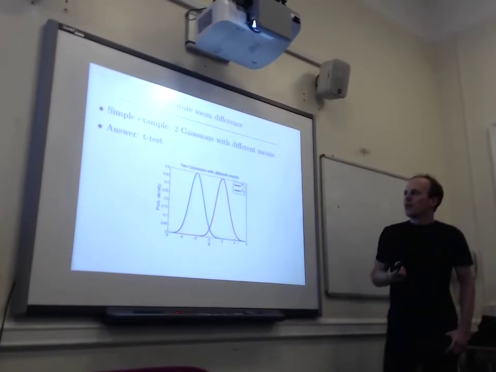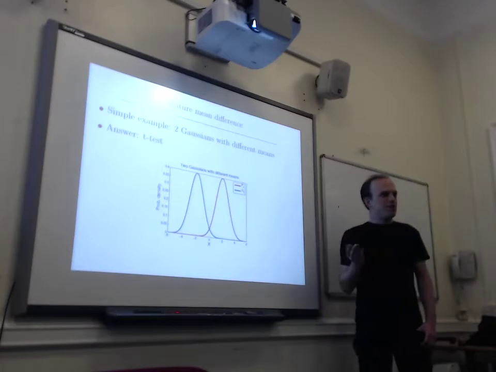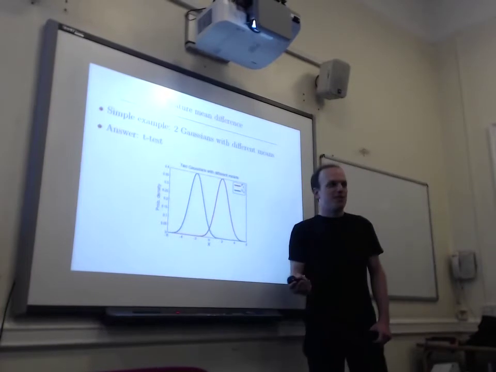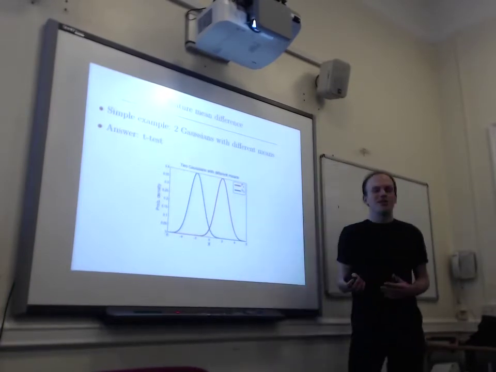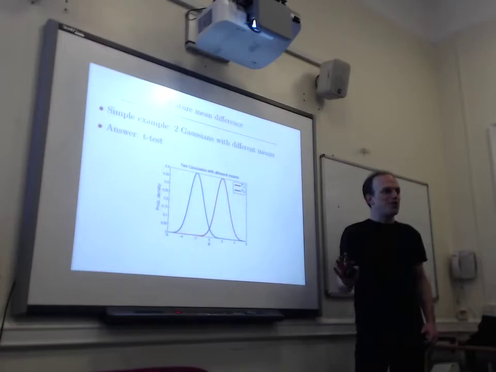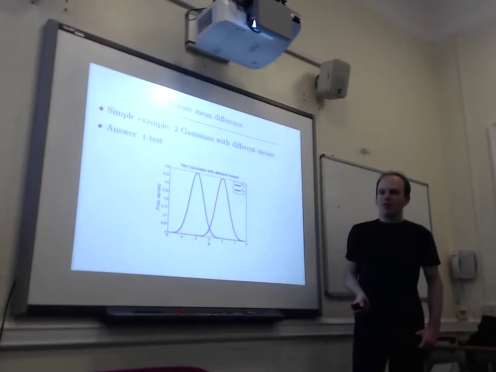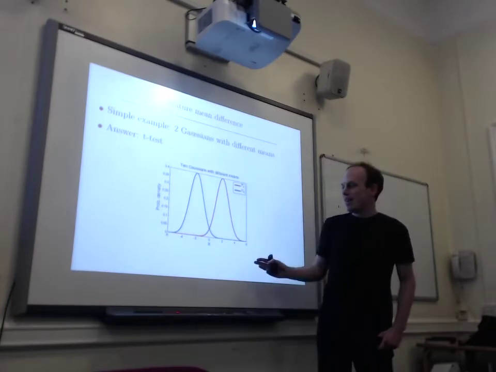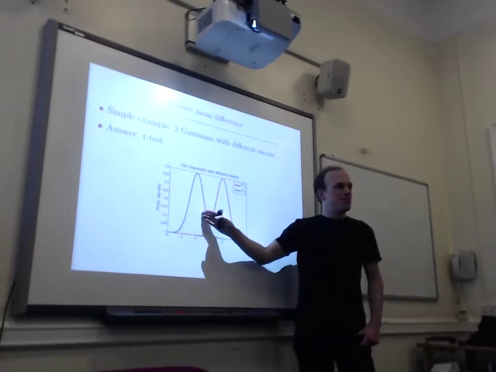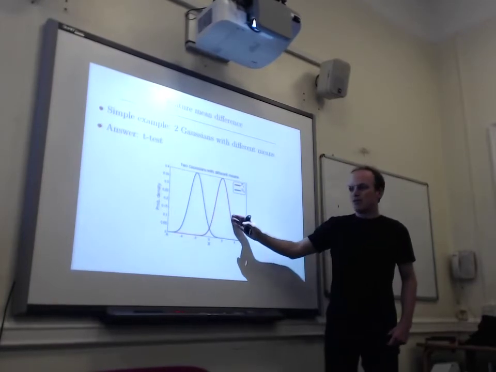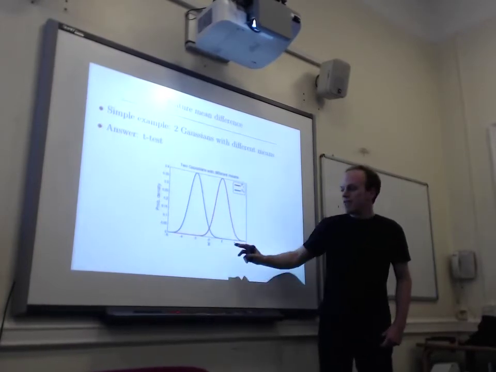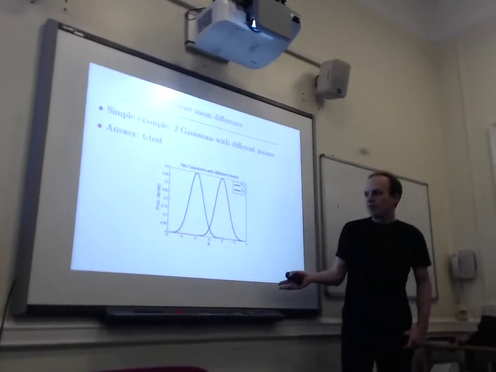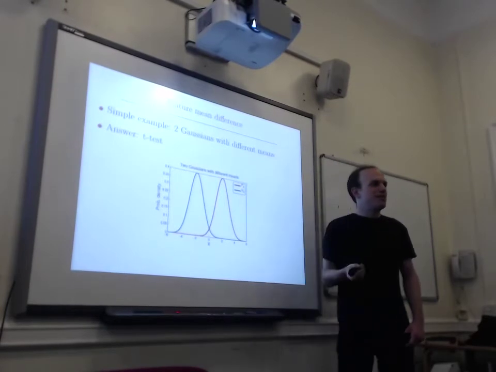Let's say you have two Gaussian distributed random variables with different means, and somebody asks you whether these Gaussians are from the same distribution or a different one. You would look up Wikipedia or whatever, and say, yes, I do a t-test, which tells me, based on samples from this Gaussian and samples from this Gaussian, whether the means are so far apart that it's unlikely to be explained by chance. And if so, then I conclude that these two Gaussians are different.